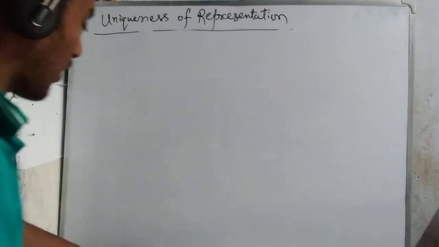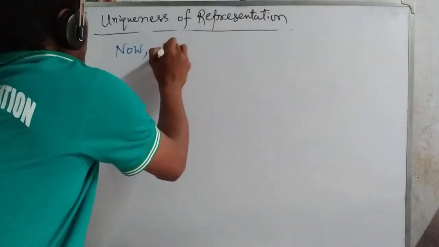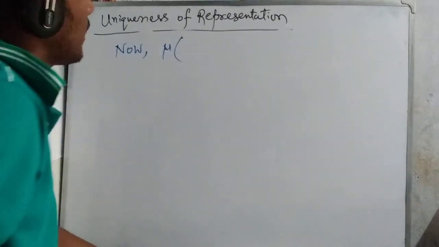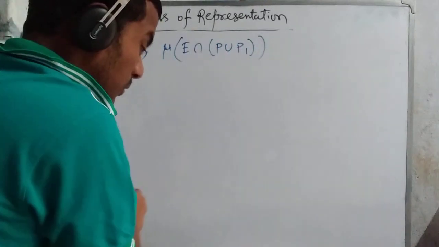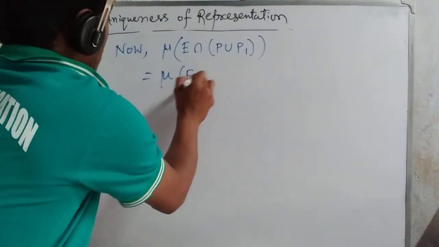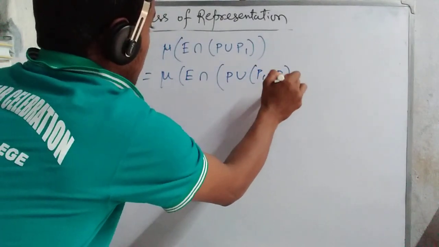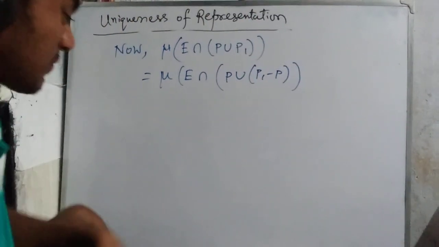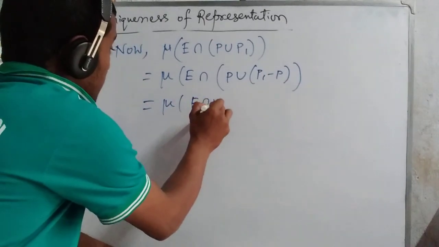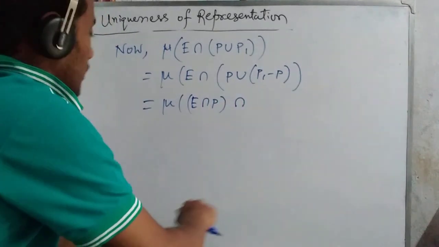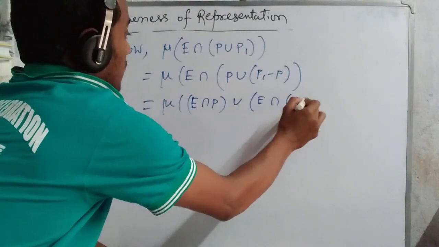Now we go to the next step. Mu of E intersection (P union P1) equals mu of E intersection [P union (P1 difference P)], which equals mu of E intersection P union E intersection (P1 difference P).